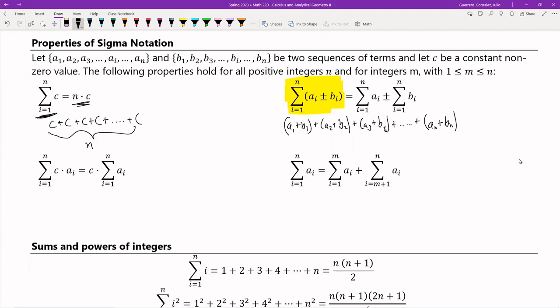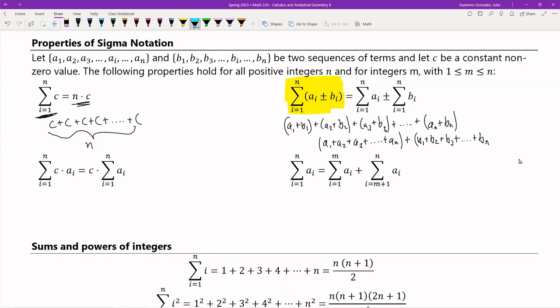And by the associative property, we can grab our a's and put them all into one group, and grab our b's and put them all into one group. So at the very end, we'll have a1 plus a2 plus a3 plus dot dot dot plus a n, plus b1 plus b2 plus b3 plus dot dot dot plus b n.